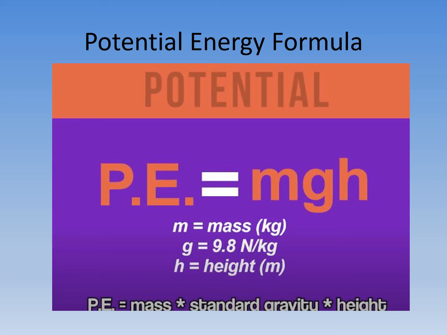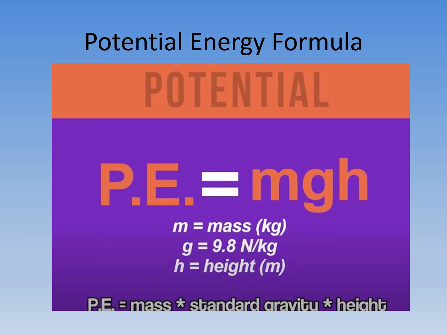So one of the ways to prove in science is to have an equation about the potential and kinetic energy. For the potential energy formula, we use PE, which means the potential energy is equal to mgh, wherein m stands for the mass, the unit is kilogram, the g stands for the gravity, which is constant on Earth, 9.8 Newton or meter per second squared, or Newton per kilogram.